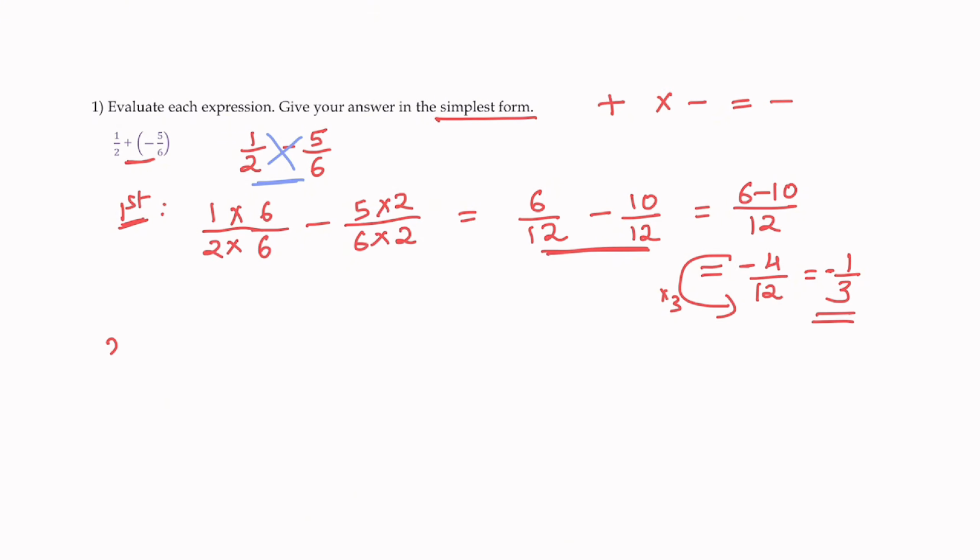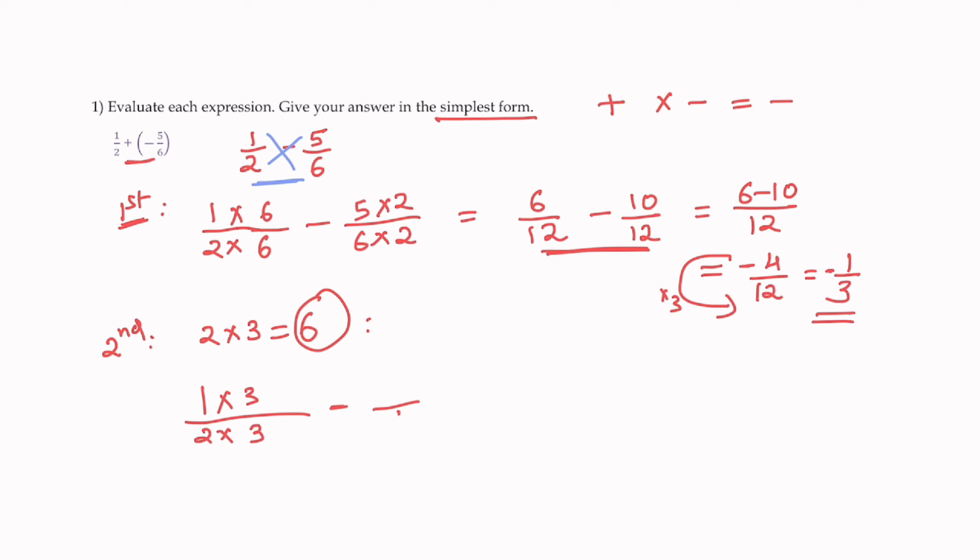And the other method here: 2 and 6 share some common factors, because 2 times 3 gives us 6. So you try to make your denominator 6. How do we make the denominator of the first fraction 6? We write 1 over 2 times 3 over 3, since 2 times 3 gives us 6, minus.